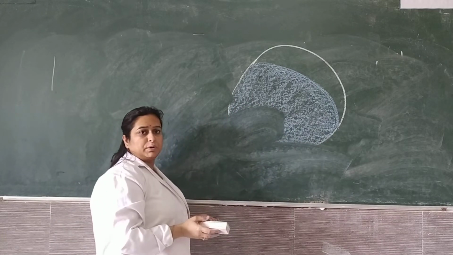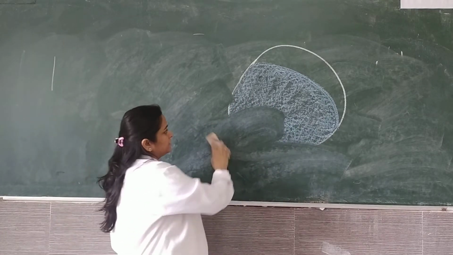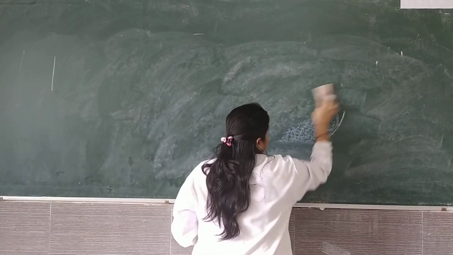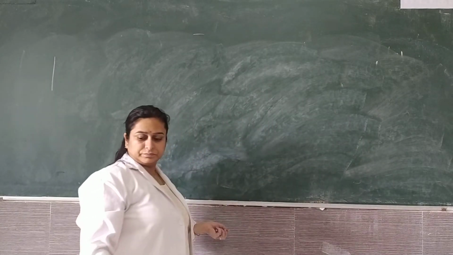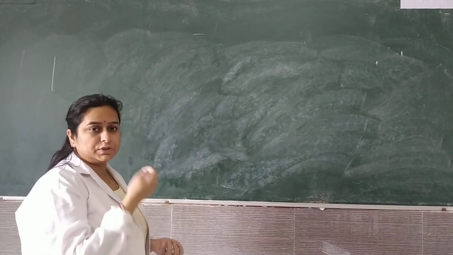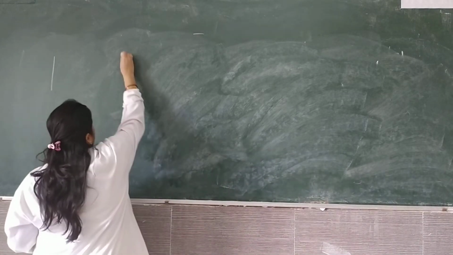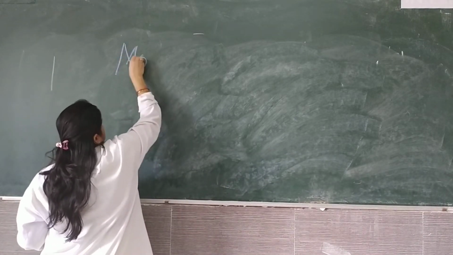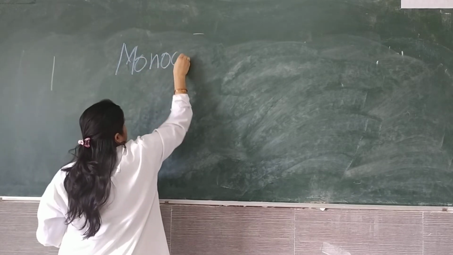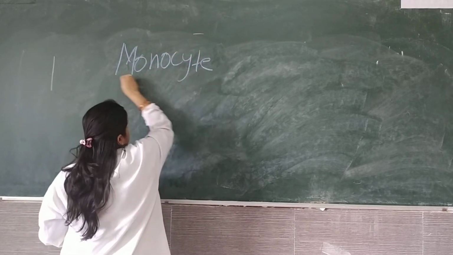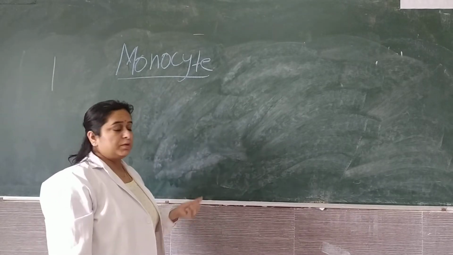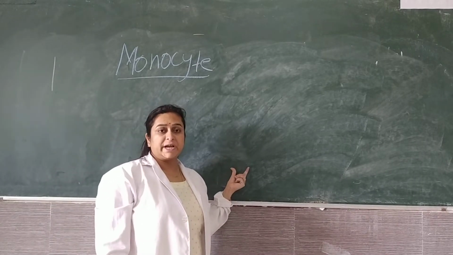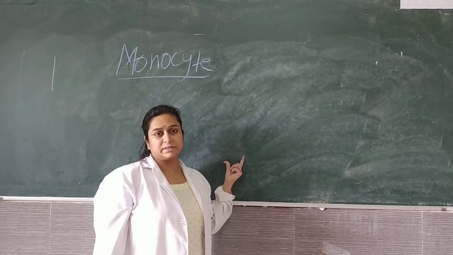Now we will talk about the next very important cell, that is monocyte. Monocyte is the biggest cell.